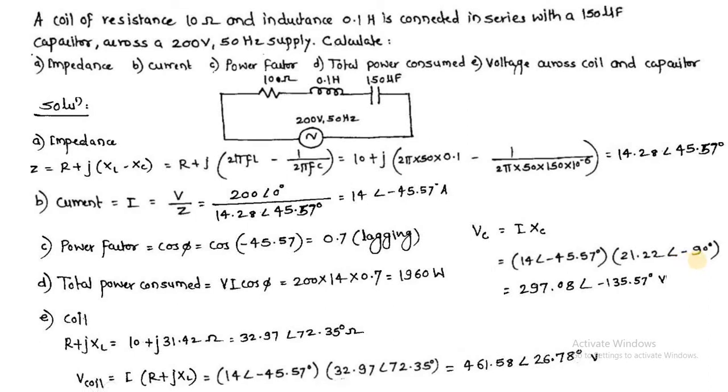So minus 90 degree and minus 45.57 we add together. The total angle is minus 135.57 and the VC magnitude is 14 into 21.22, so it is 297.08. So this is the numerical in which we have calculated the RLC series circuit. I hope everybody understood this numerical of the RLC series circuit.